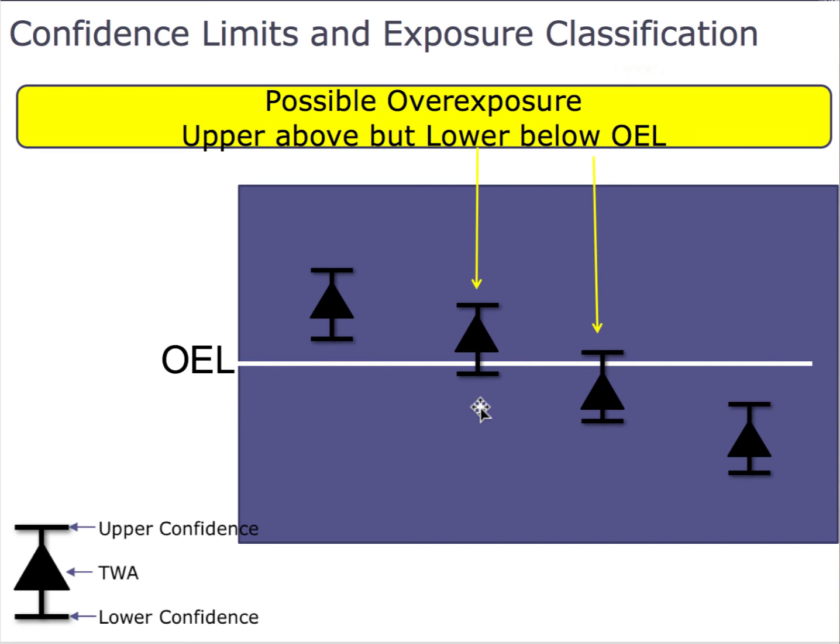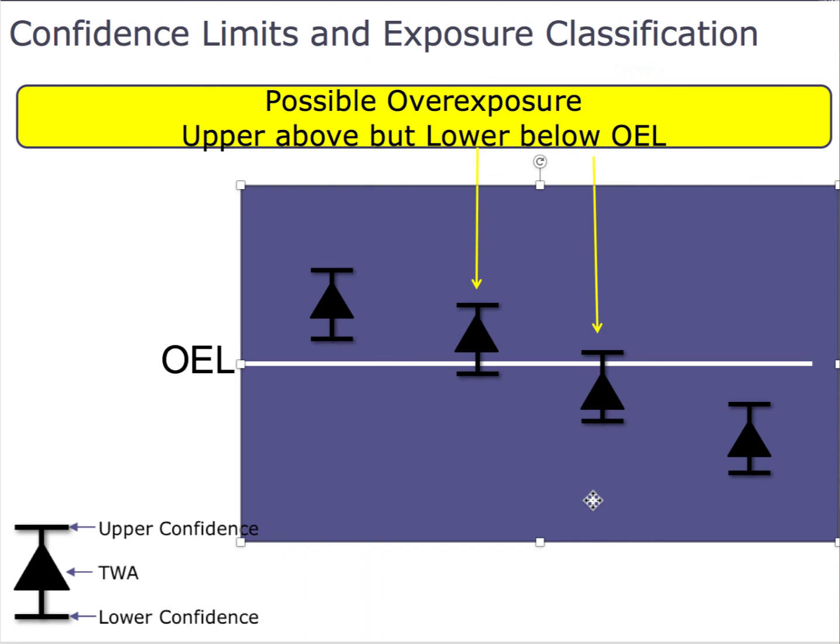And that's because there's errors associated with our sampling, and there's errors in precision associated with the laboratory equipment itself. And again, here's the one where we're most likely to make an error, where we have our time-weighted average below our OEL, and if we strictly interpreted it, we may believe that a worker was in compliance.